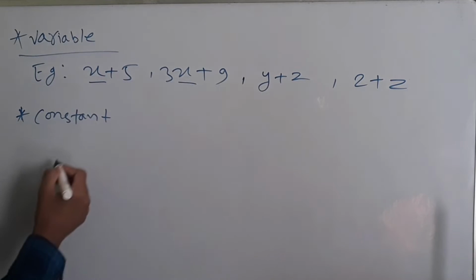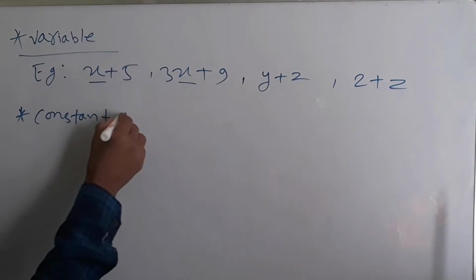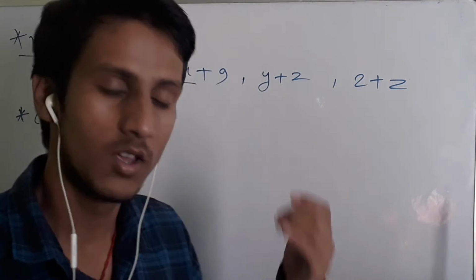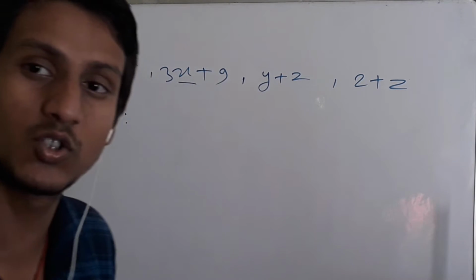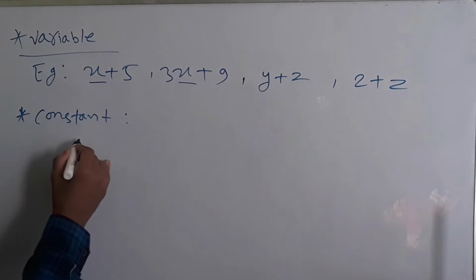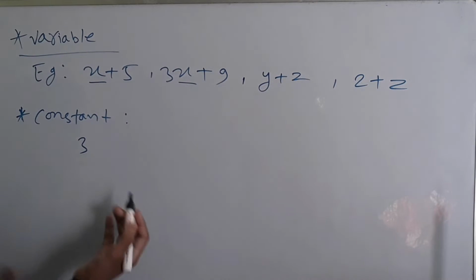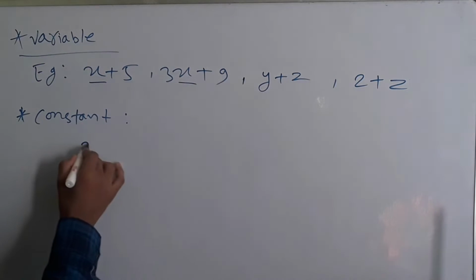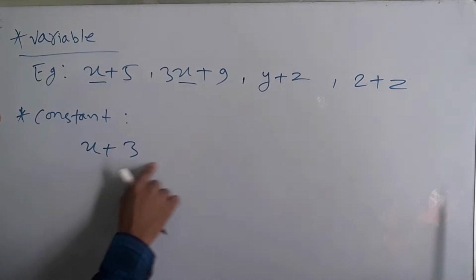Now let's talk about another term, which is constant. What is a constant in algebra? Constants are things that you know the value of. For example, 3, you know what 3 is. If you have an expression like x plus 3, the 3 cannot vary, it cannot change.